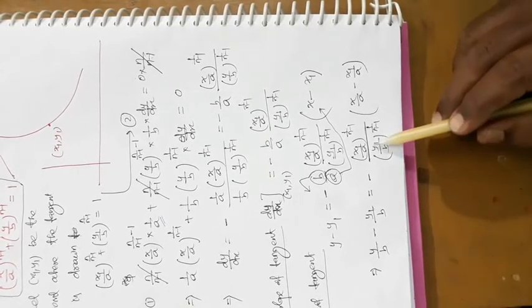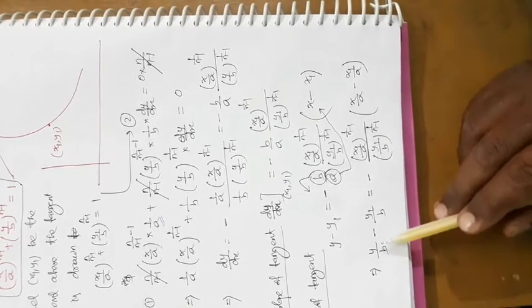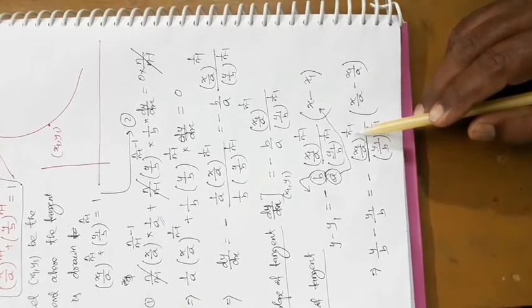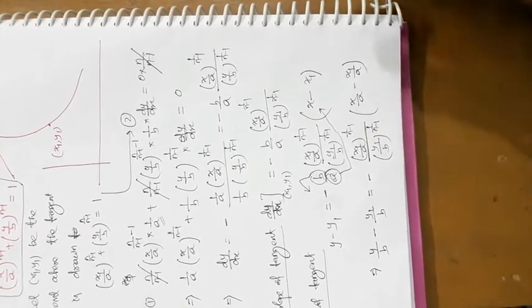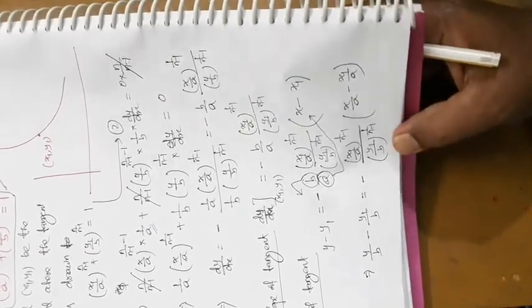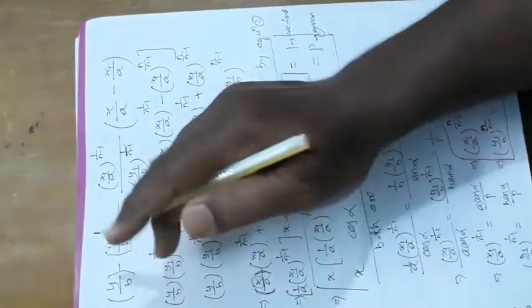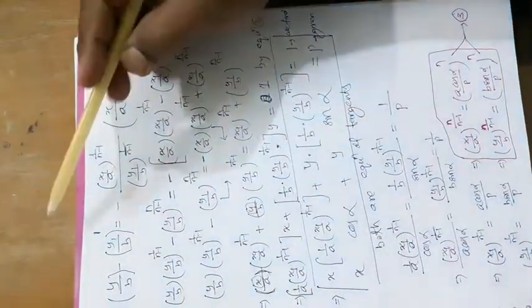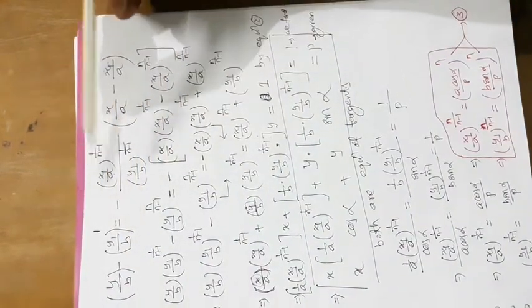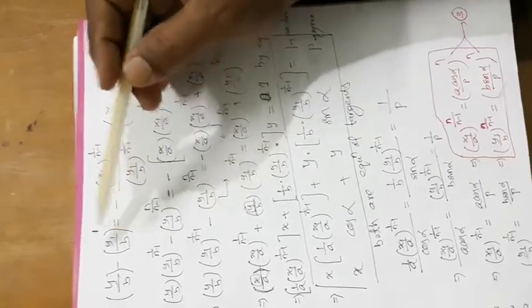Now multiply (y1 by b) to the power 1 by n minus 1 here, and (x1 by a) to the power 1 by n minus 1 to each term. Okay. Now multiply y by b whole into (y1 by b) to the power... After multiplication the equation becomes y by b minus y1 by b. Okay. It is the step which is written here.